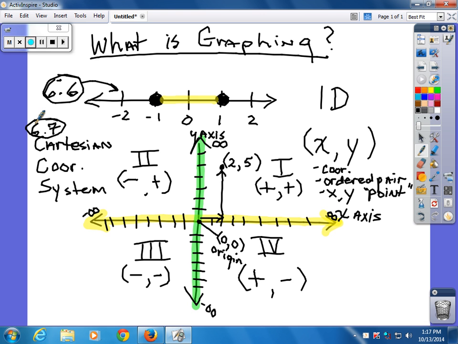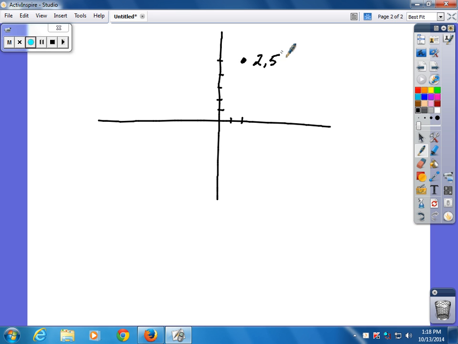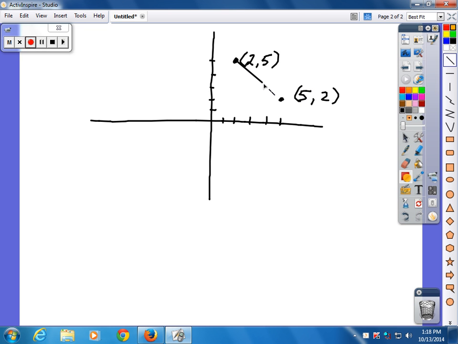Now, when you have 2 points on the number line, let's go with that 2. And 5, 2. If you connect those 2 points, what does that call? A line, right?